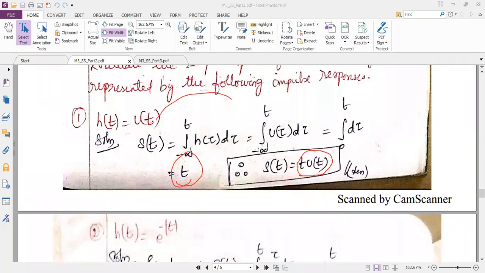Since my question says I have the signal from 0 to infinity, my output should also be from 0 to infinity, so to indicate that I am multiplying t by u of t. So remember, in this set of problems, if the question is having u of t, definitely try to write u of t in the answer also.